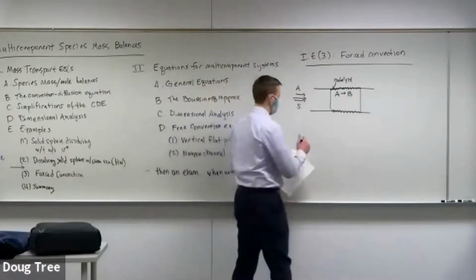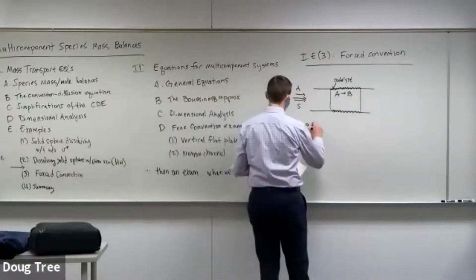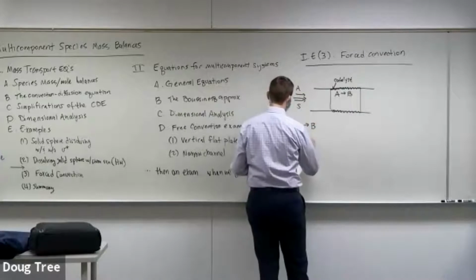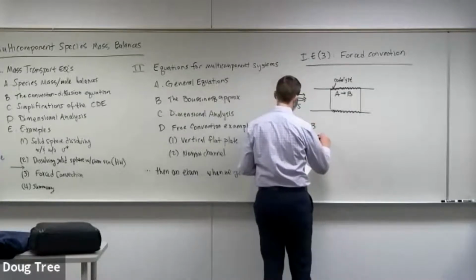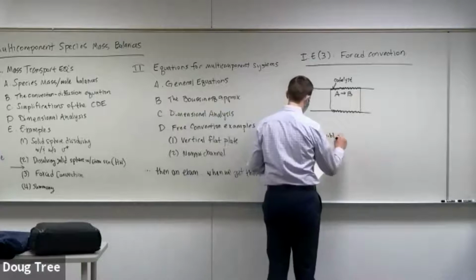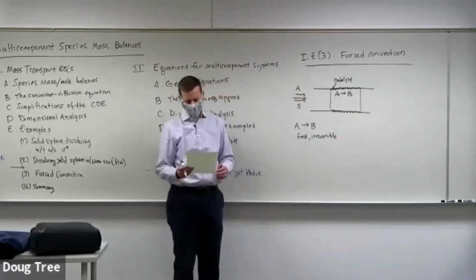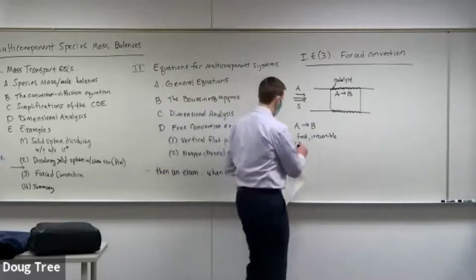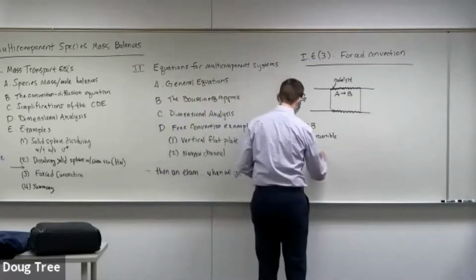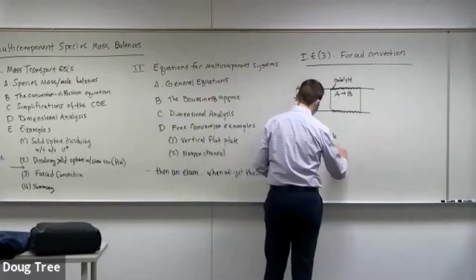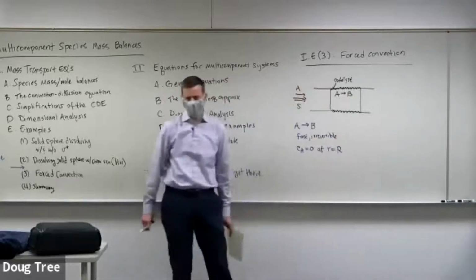And let's suppose that A goes to B is fast and irreversible, such that we'll be able to have a boundary condition where CA equals 0 at r equals R. That's what we mean when we say fast and irreversible.